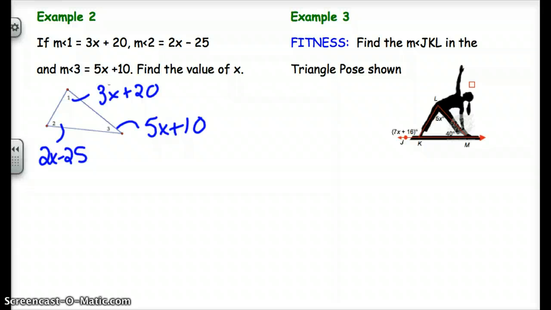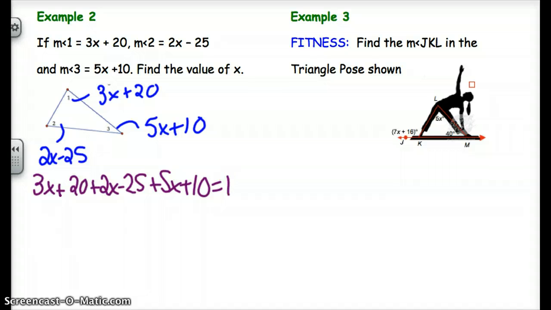I'm going to add them to 180. So I'm going to take my 3x plus 20 plus 2x minus 25 plus 5x plus 10 equals 180. So that's my first step, showing each one of my angles are adding up to 180.